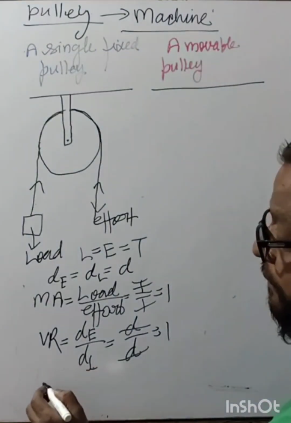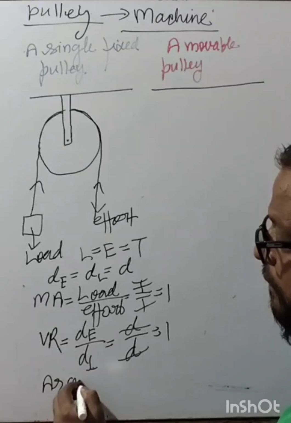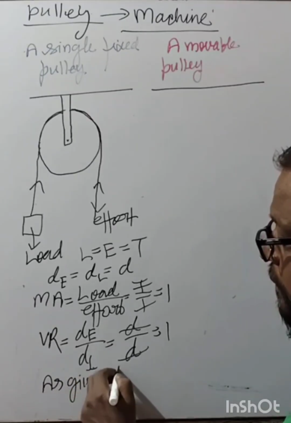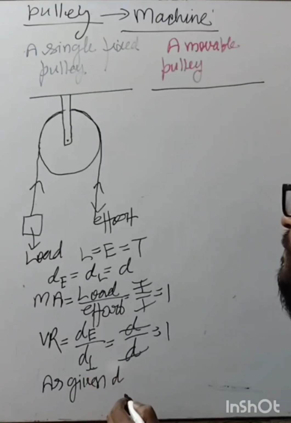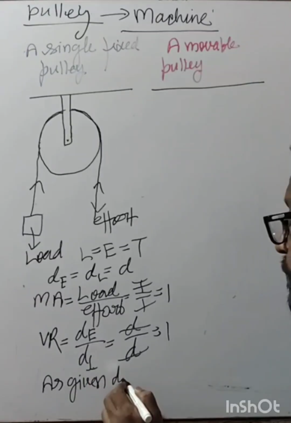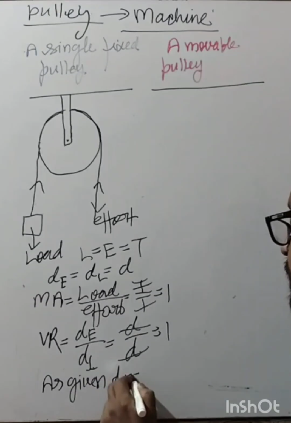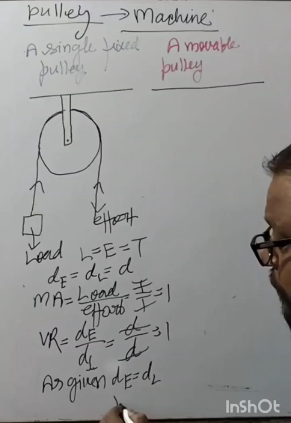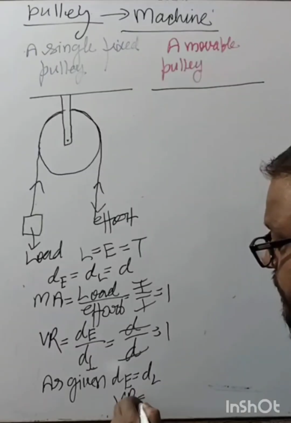As given, DE is equal to DL. So velocity ratio is 1 in this case.